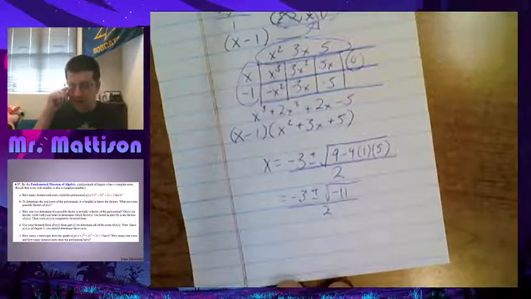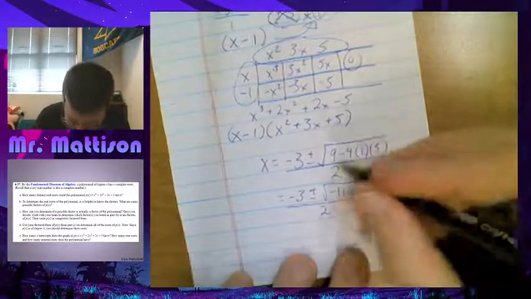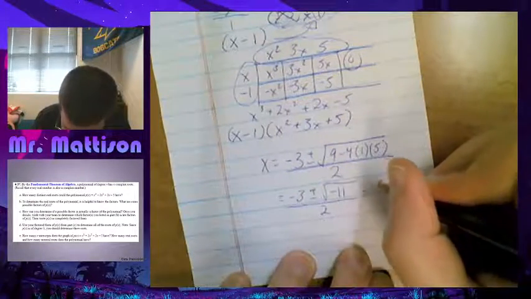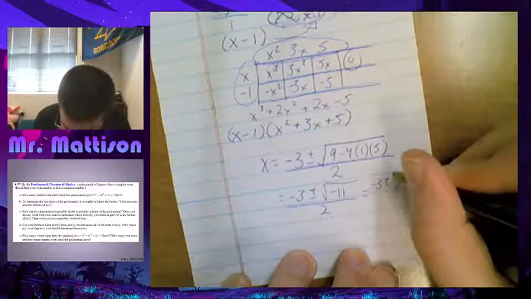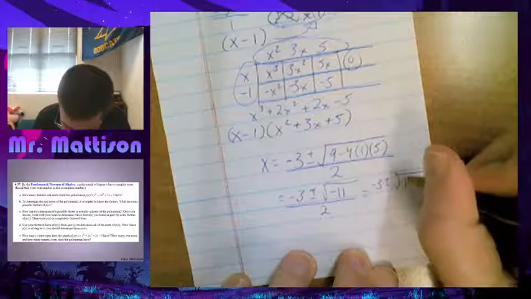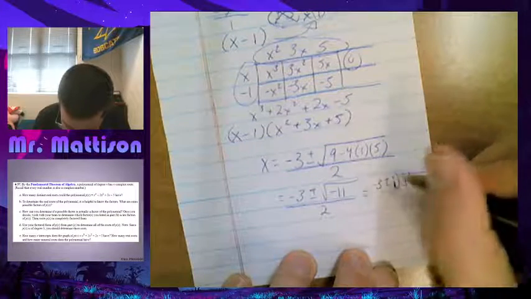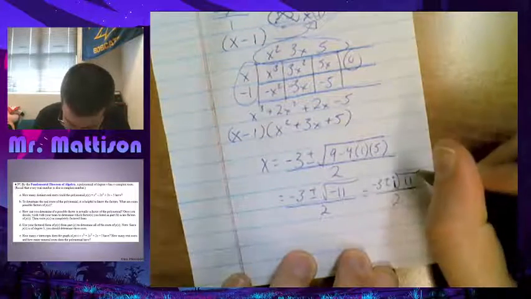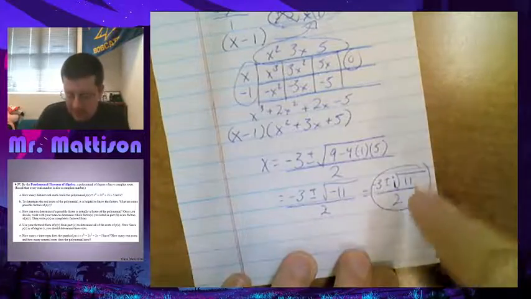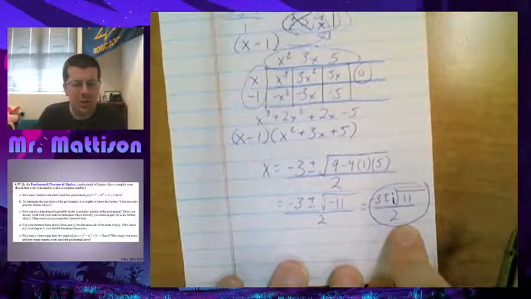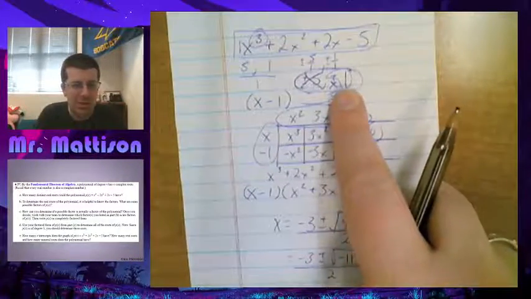And that's not really going to look any better than that. I can write it with an i. I'll just have negative 3 plus or minus i times the square root of 11, I'll put the i in front, over 2. So there's my 2 imaginary solutions, and my real solution there was the positive one.